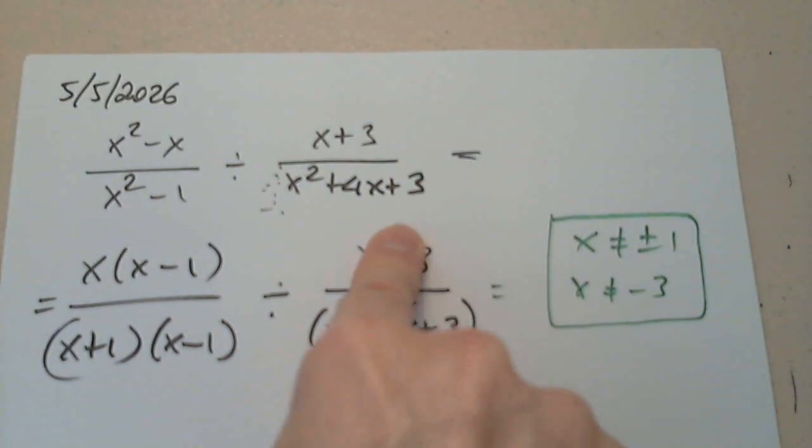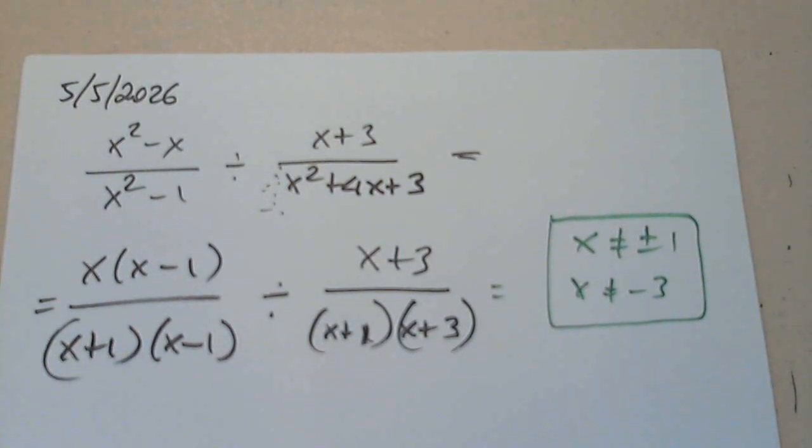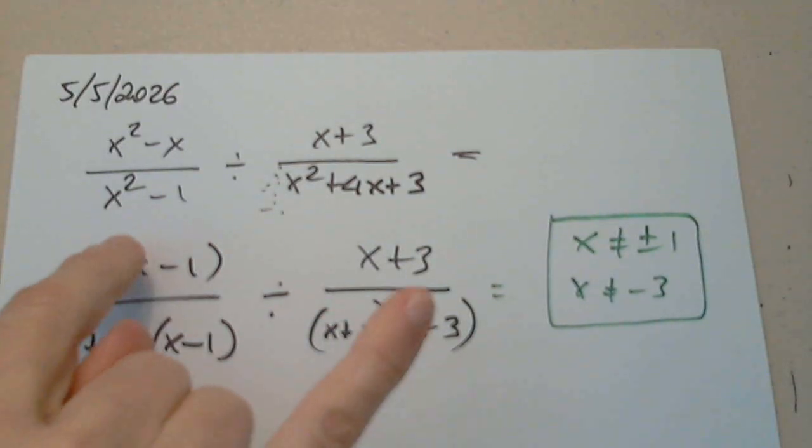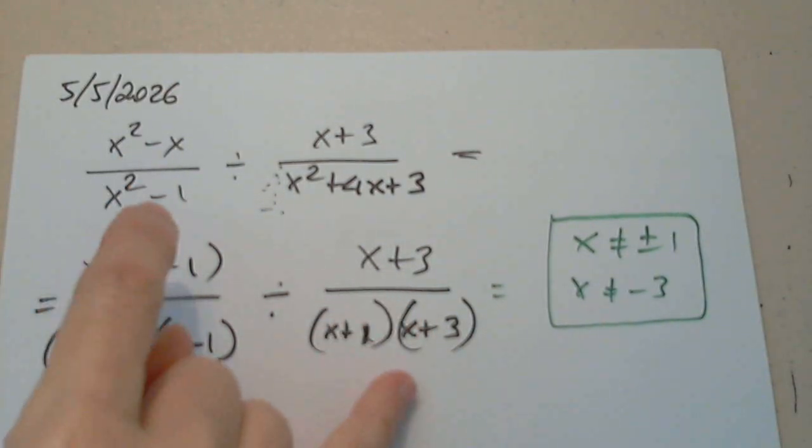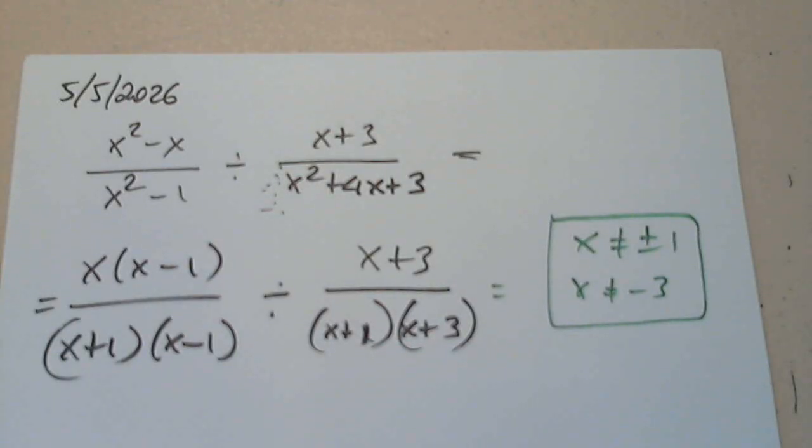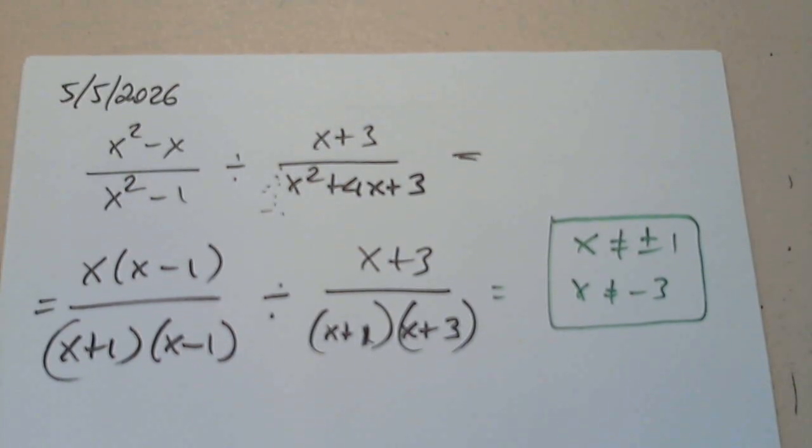Or a factor from here with a factor from here like I am allowed in a multiplication situation. In a division, I have to wait. Even if I see that there is a common factor that I could get rid of, I cannot do that. It's not allowed in a division. Only in a multiplication, so I have to wait till I flip it.